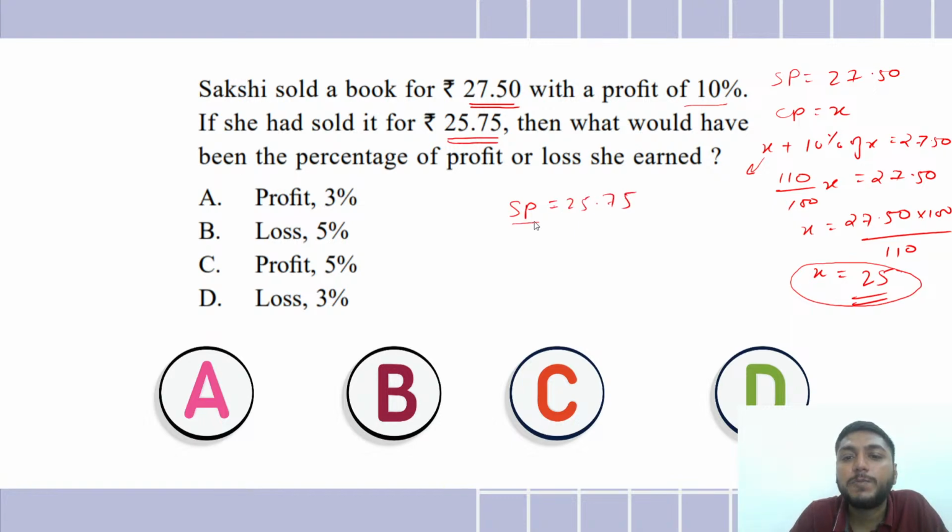So now we have SP greater than CP, so ultimately profit is there. How much profit? 25.75 minus 25, right? So we'll get 0.75 as the profit.